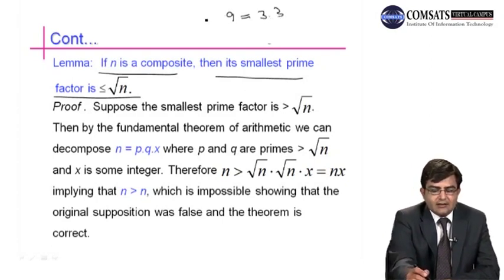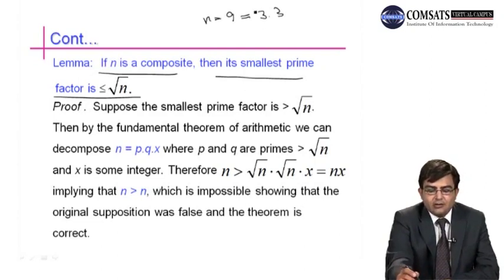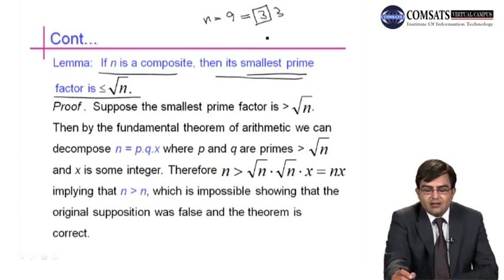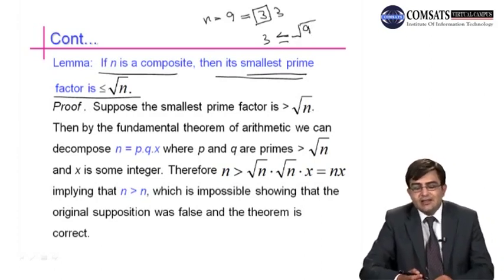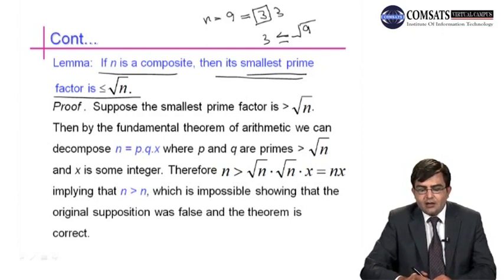Here n is 9 and we have expressed 9 as a product of prime numbers. The smallest prime factor here is 3, which is less than or equal to the square root of 9; in fact 3 is equal to the square root of 9. So this is what we are saying in this result: if n is any composite number, then its smallest prime factor must be less than or equal to its square root.